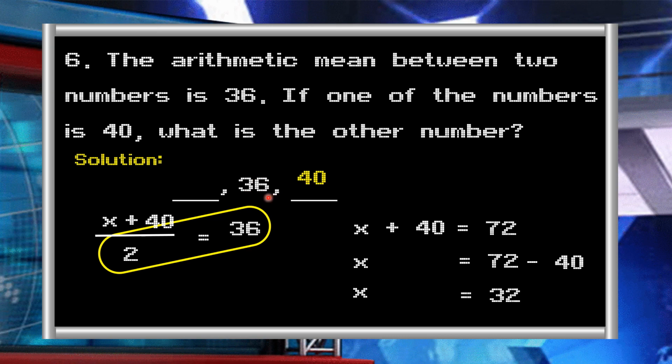So, mas simpleng gawin, mag-minus lang kayo ng 4 mula sa 36 para makuha yung first term. So, 36 minus 4, we have 32. Yan. So, pwede natin kunin yung common difference between these two para makuha yung nauunang term, or pwede rin tayong mag-solve using the knowledge you have learned.